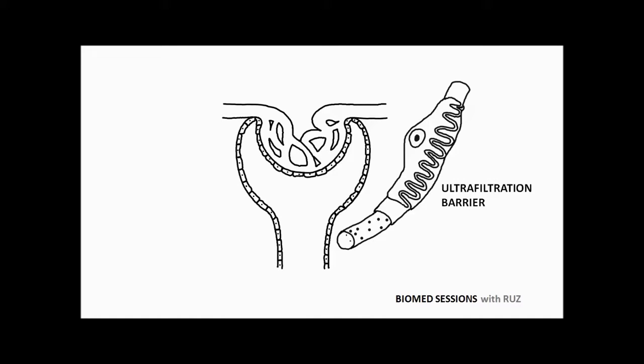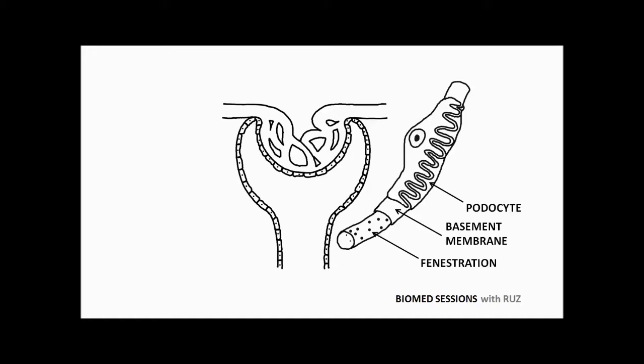As you can see, there are 3 layers. Our bottom layer is the endothelium of the capillary, which contains pores known as fenestrations. This layer basically lets everything through except for blood cells. Our middle layer is the basement membrane, which prevents the filtration of large proteins. And our outer layer consists of podocytes, part of the Bowman's capsule.